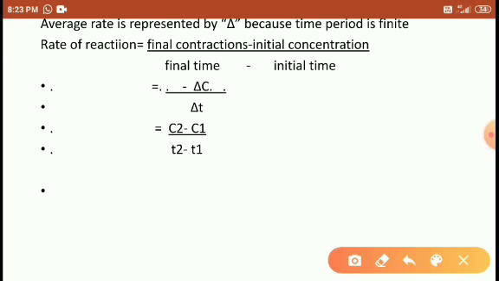Average rate is represented by delta because the period is finite. So for the rate of reaction, you have to calculate final concentration minus initial concentration, over final time minus initial time.